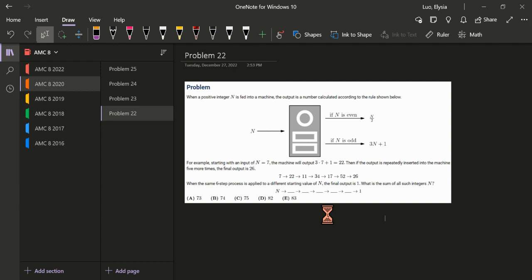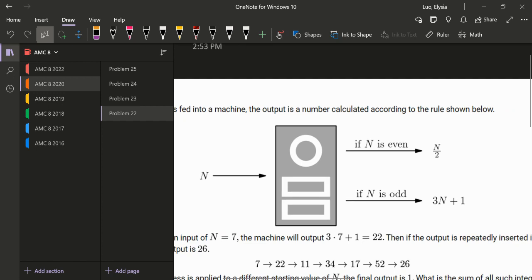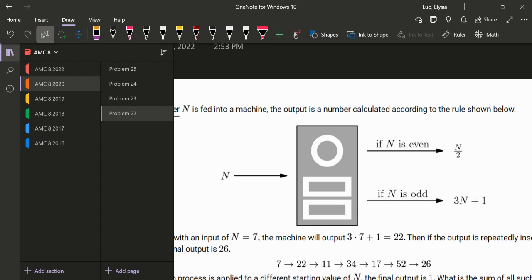So let's read the question quickly again, but this time let's underline the keywords. When a positive integer n is fed into the machine, the output is calculated according to the rule shown below. Let me just highlight the pattern: n divided by 2 or 3n plus 1, if n is even or if n is odd.